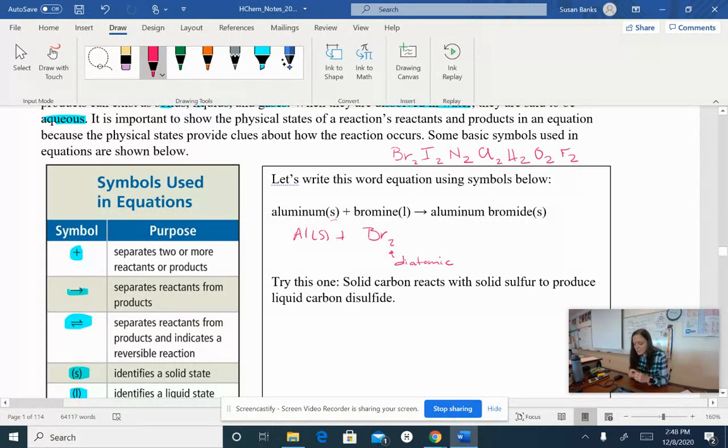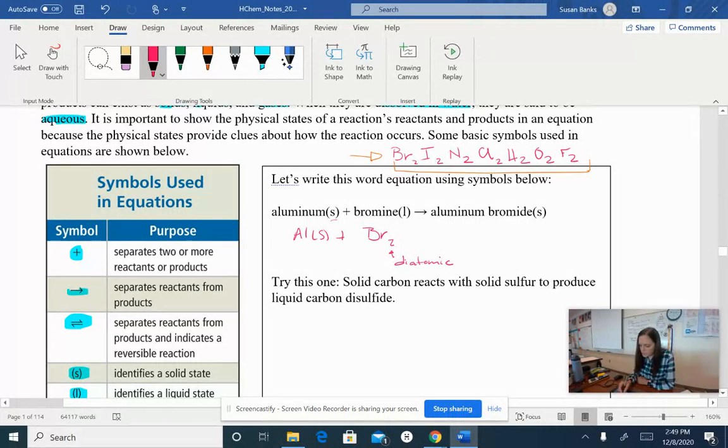The reason I listed it this way is when you read these elements from left to right, it spells out the last name, Brinkelhoff. And that's a really easy way to remember the diatomic elements. So if you remember Brinkelhoff, bromine, iodine, nitrogen, chlorine, hydrogen, oxygen, fluorine, these are all diatomic when they are elemental, when they are bound to just themselves. Okay?